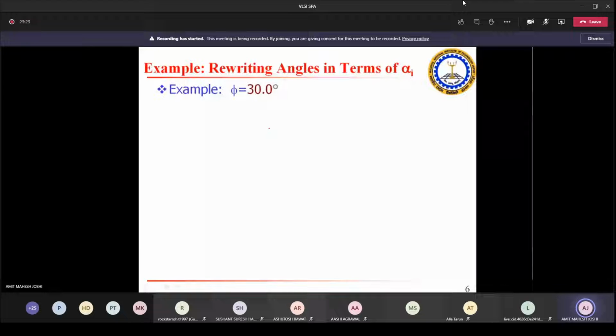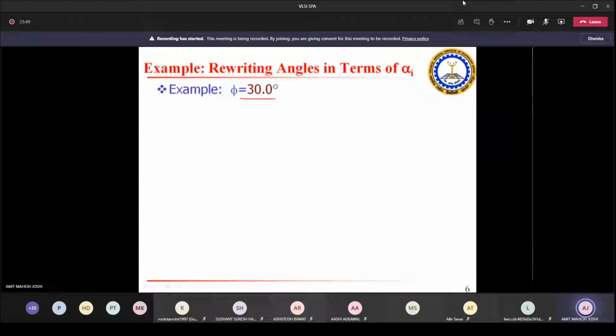Any angle between 0 to 90 I am considering. For any angle beyond 90, I can always consider 90 plus that value. If I am interested in 120, I will follow the steps for 30 and then write 90 plus 30, and this way I can calculate the solution.